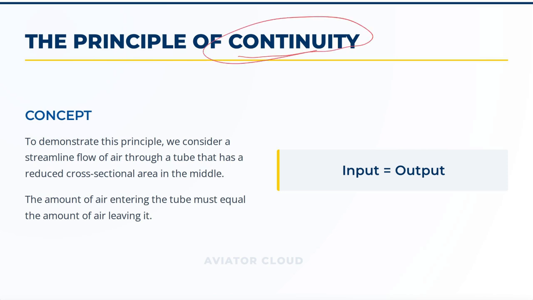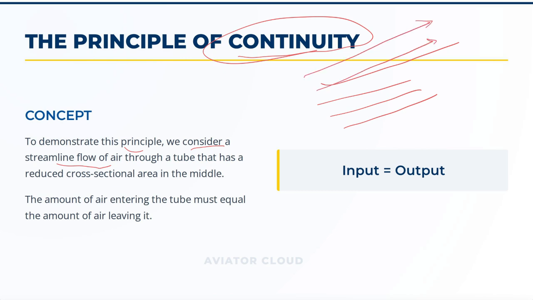To demonstrate the principle, we consider a streamline flow. So what is streamline flow? I'll explain later. Streamline flow is a flow where all the molecules follow a straight path, one by one, and one path will not cross another path. And the velocity will be constant.